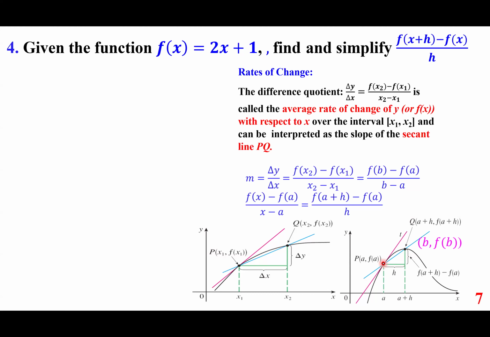Now, simply calculate this one from x plus h to x in essence. So you plug in f of x plus h, which is 2 times x plus h plus 1, minus f of x, just put this in a parenthesis, over h.